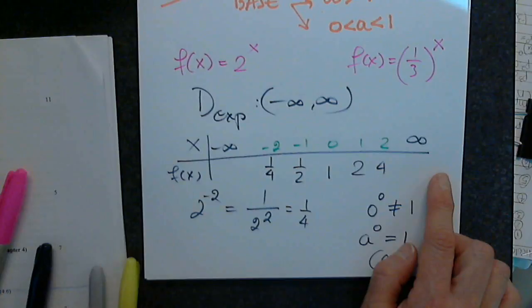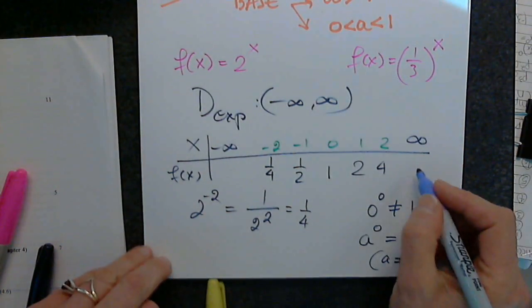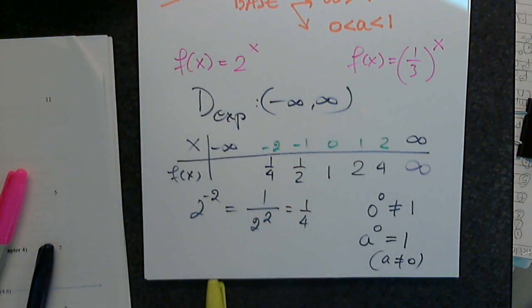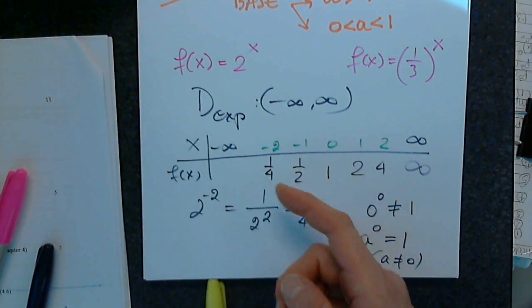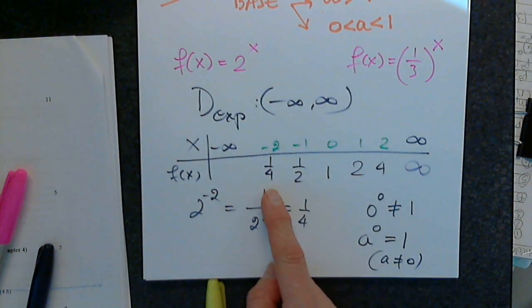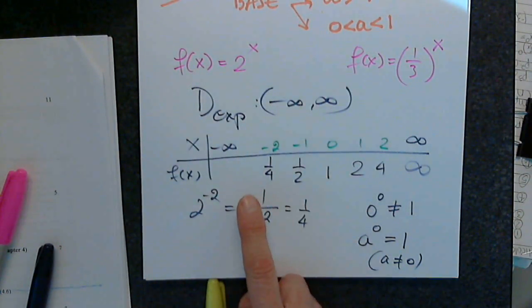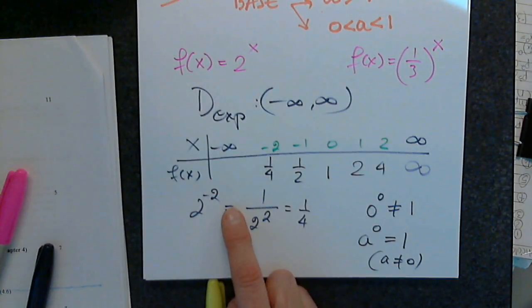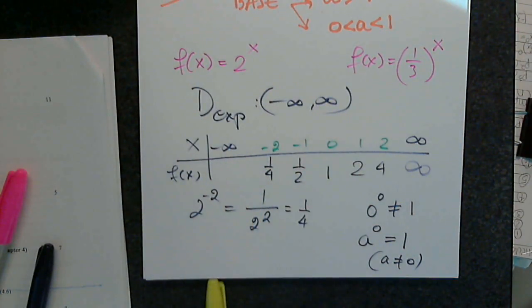Where am I going? Thank you. I want to go this way now. 1 over 2, 1 over 4, 1 over 8, 1 over 16, 1 over 32. I have a cake and I want to.